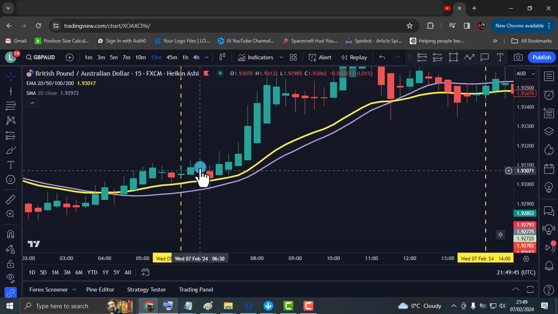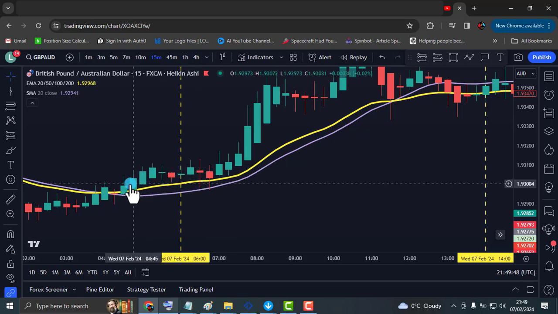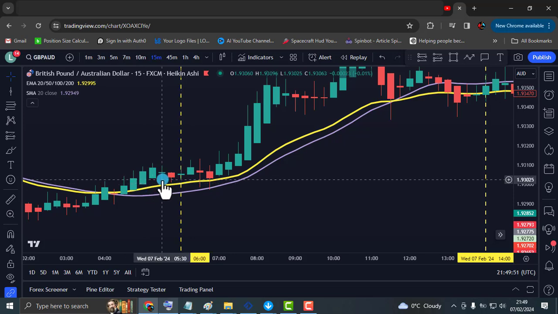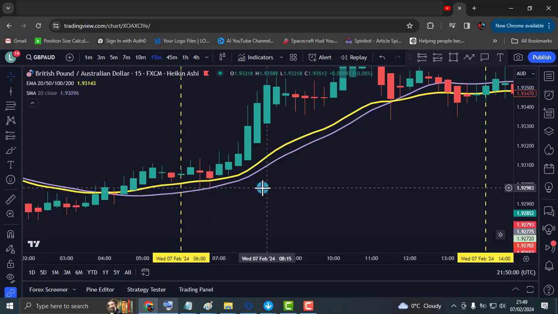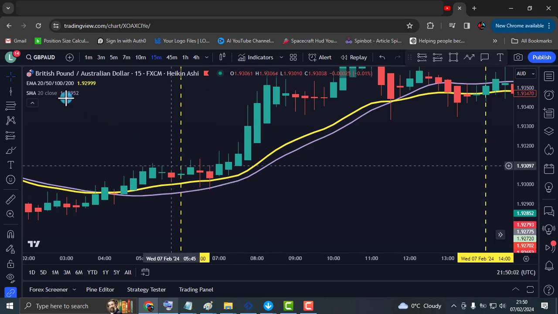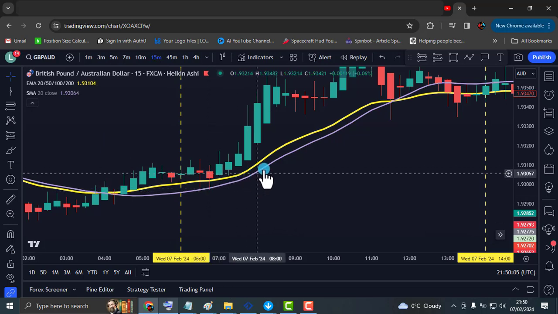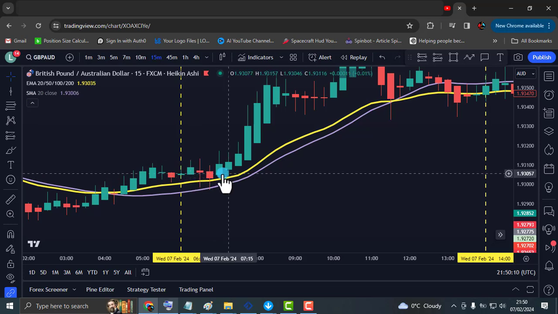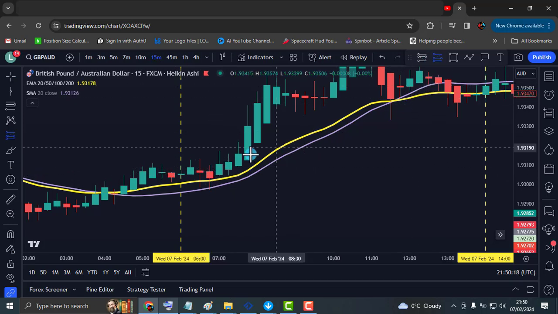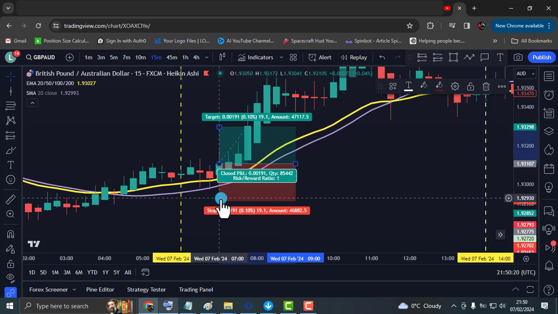Let's say over here initially price was above both the SMA and EMA, but then sellers tried to push it down and couldn't. We show the resistance over here, it actually touched the SMA. This purple one is SMA 20, so it touched that and then went up, and that shows us another confluence.